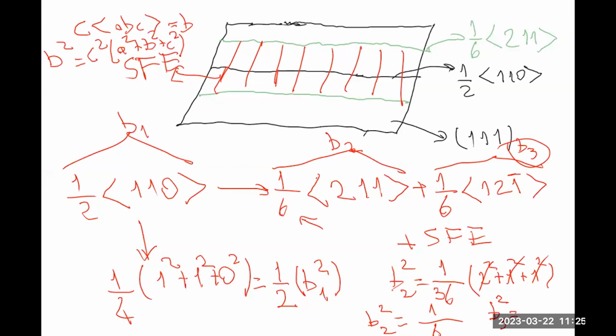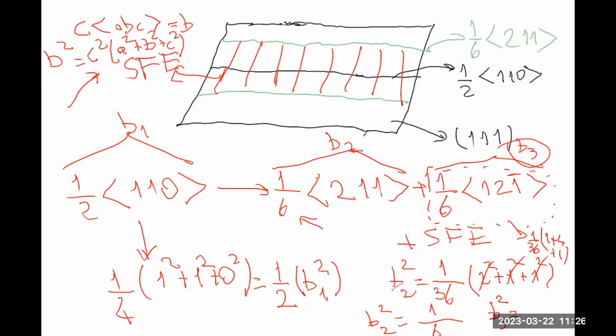So thinking about this equation, just try to calculate the square of this dislocation. Okay, 1 over 36 times 1 plus 4 plus 1. So it is 1 over 6.